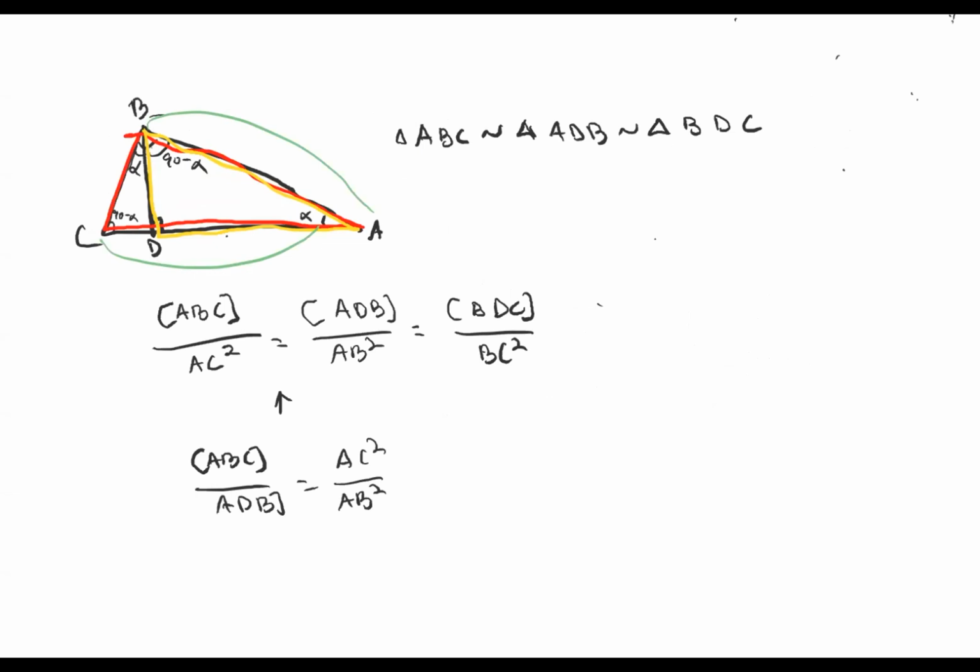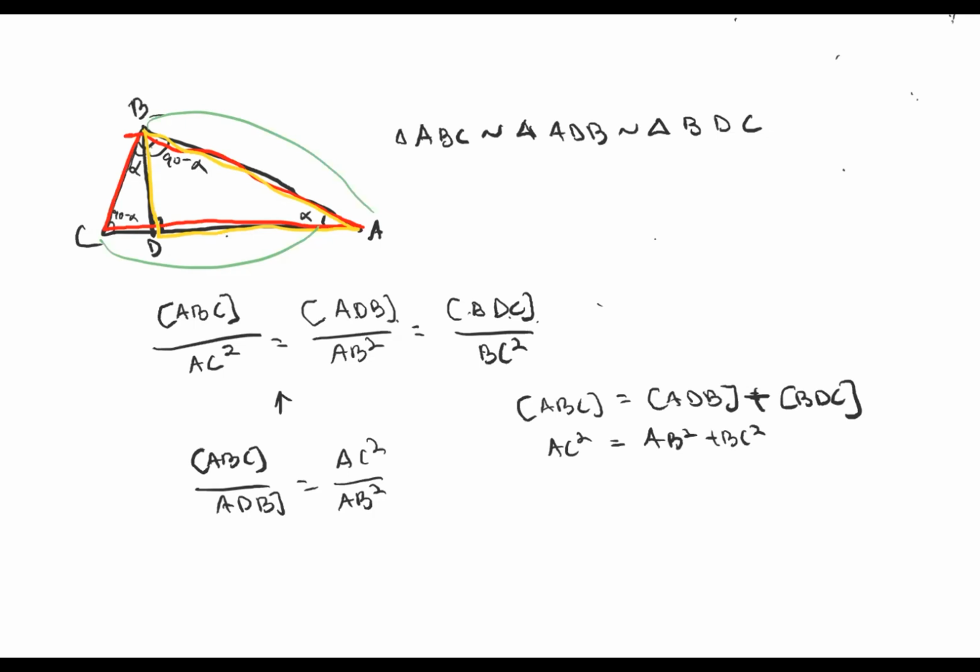And then we also know that ABC is equal to ADB plus BDC. So ABC equals ADB plus BDC. And then looking at this, we can see that A squared equals AB squared plus BC squared, because of their ratios.